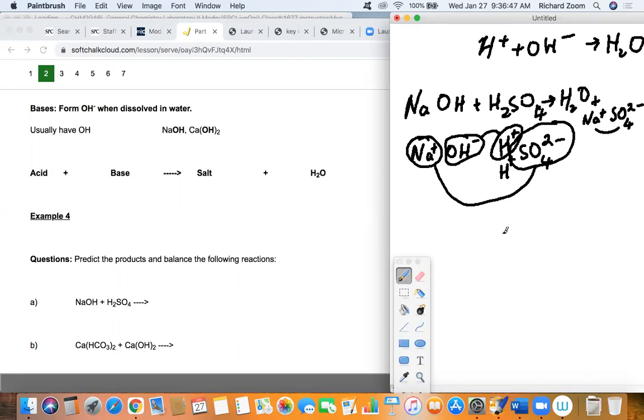And the compound that we get from that, actually I'm going to rewrite this down here, is going to be Na2SO4.